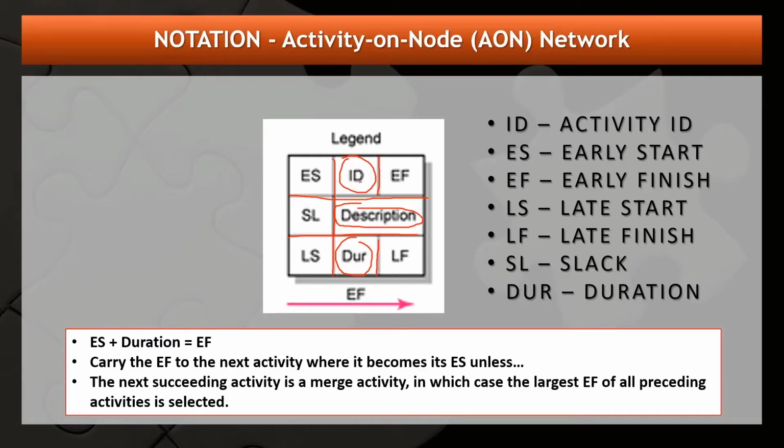If you are in a WBS, you may use activity 1.1.2, depending on the level, depending on the subdeliverable in which that activity is linked. And you have in that square some numbers that you'll be computing during the process. We have ES, that means early start, EF, early finish, LS, late start, LF, late finish, and slack.